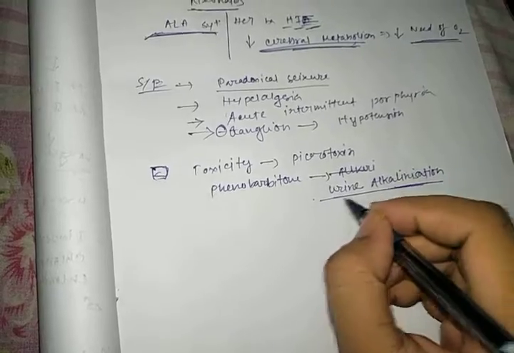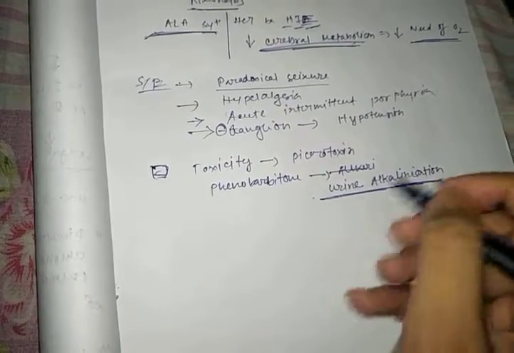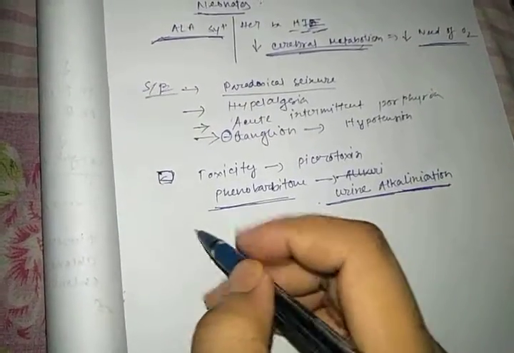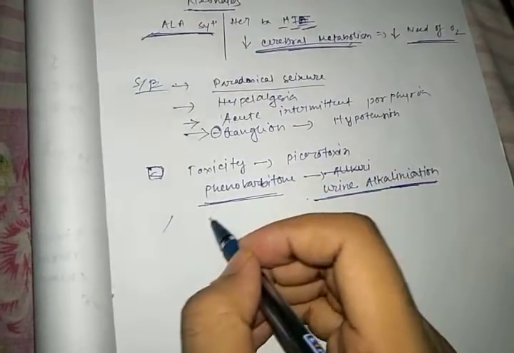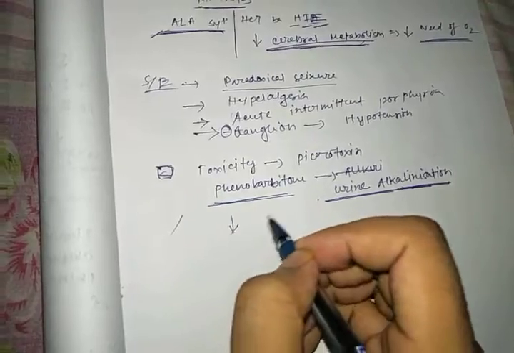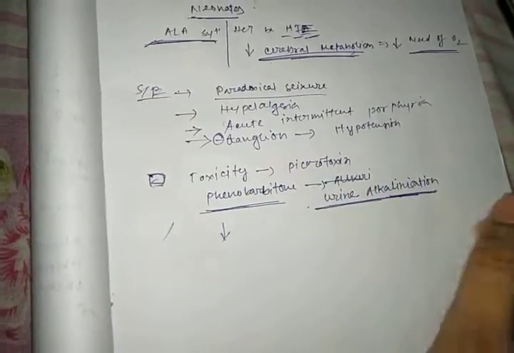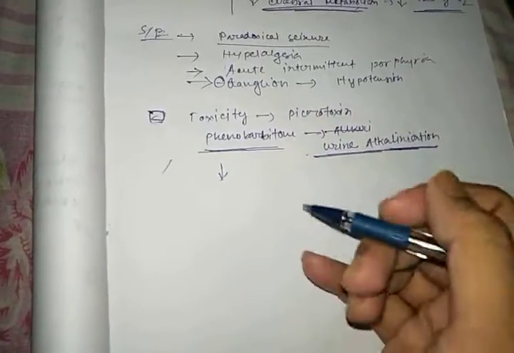When we go for urine alkalinization, the urine becomes more alkaline, and that causes phenobarbital to dissociate more, because this is an acid, so it dissociates more. That causes lesser reabsorption from the renal tubules, and that causes more excretion from the body. So that is why it is used, right?